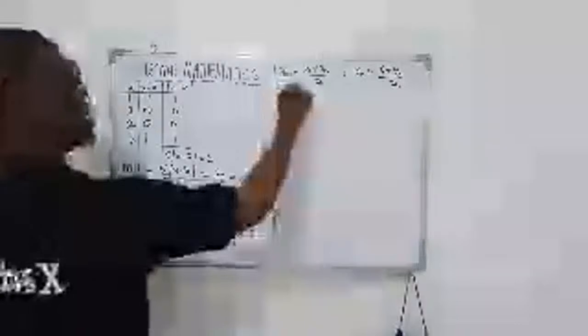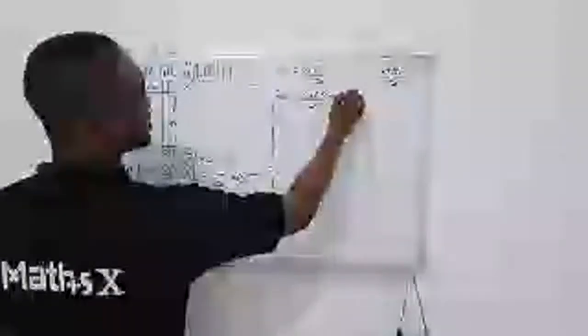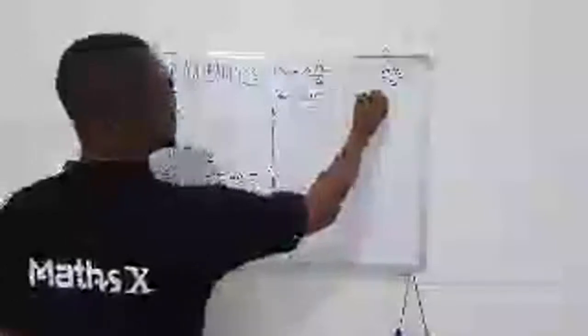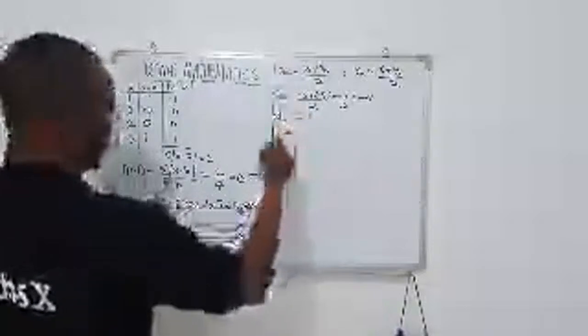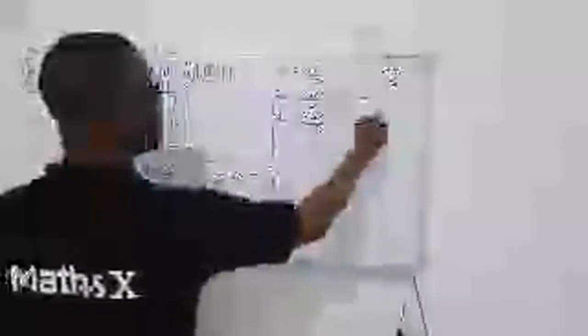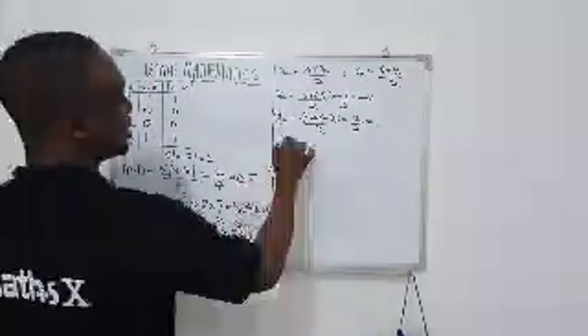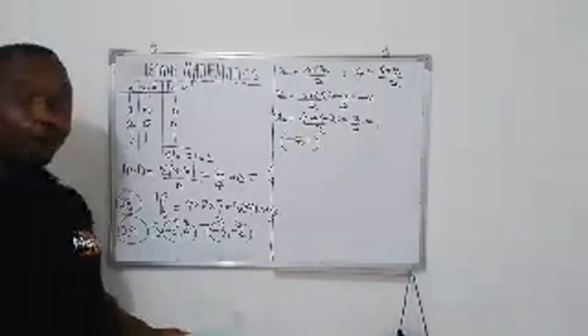So my xm is minus 5 plus minus 3 over 2, which is minus 8 over 2, minus 4. ym, same way, will be for y1, that will be 4 plus minus 2 over 2. We have 2 over 2 being 1. So the coordinates are minus 4, comma 1. Those are the coordinates.